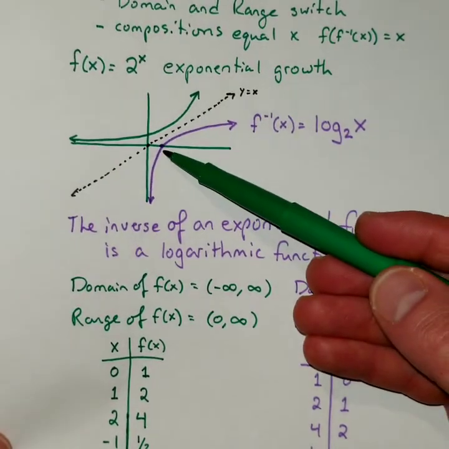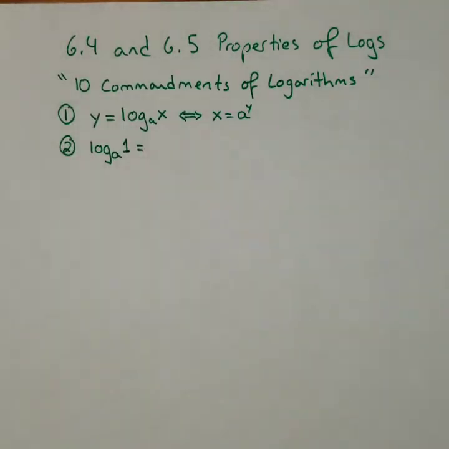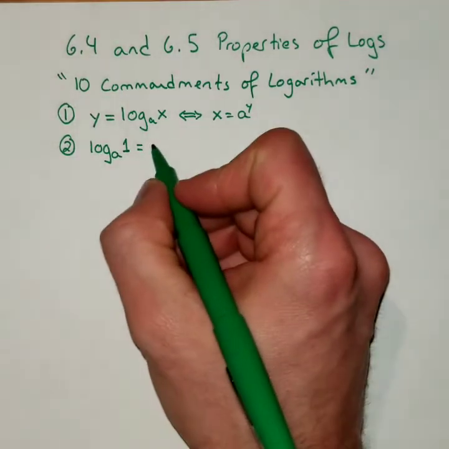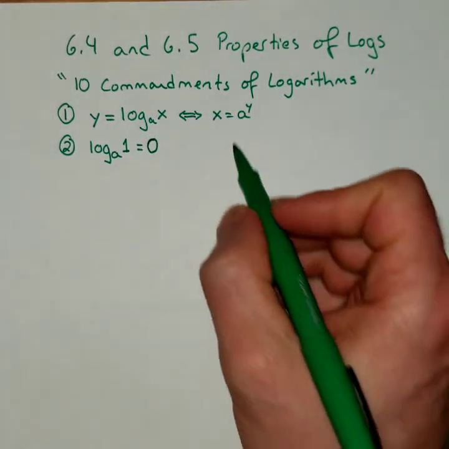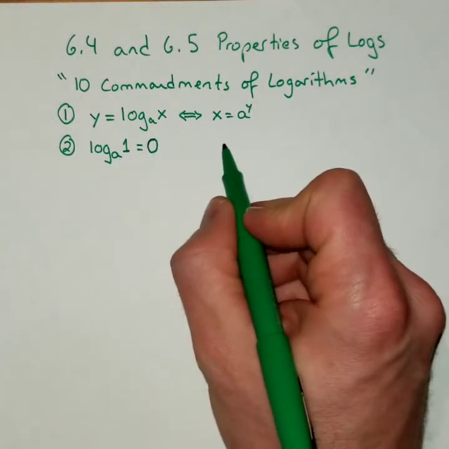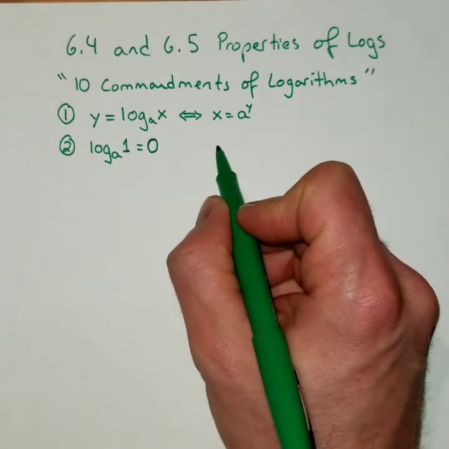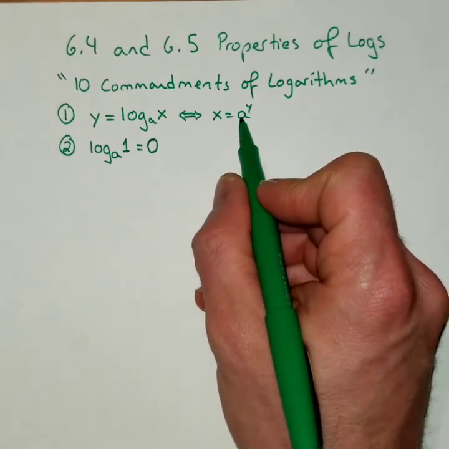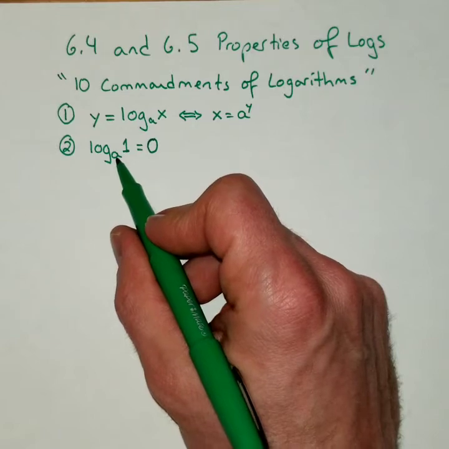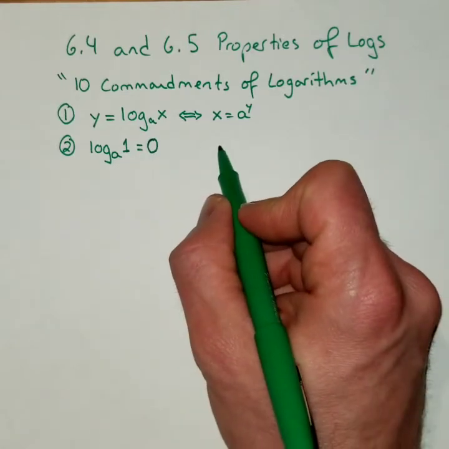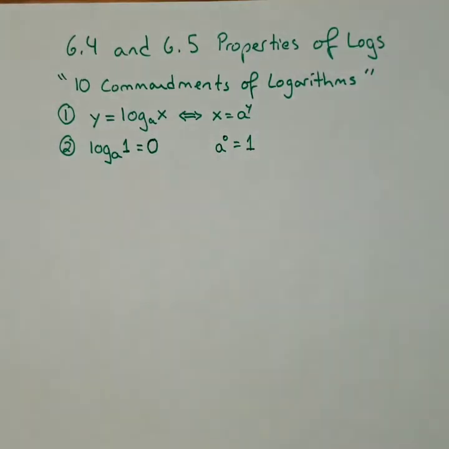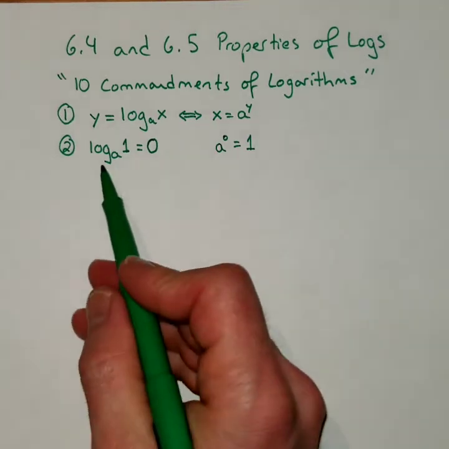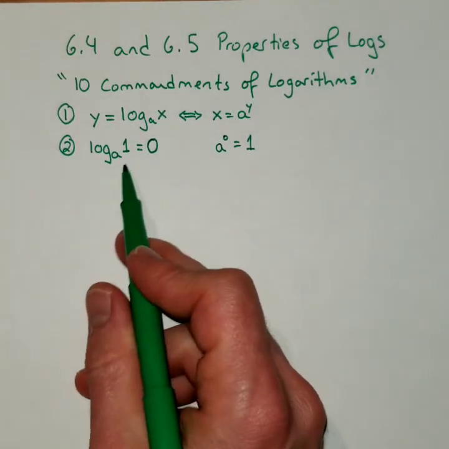It's the x-intercept of these graphs. And so it ends up being 0. Now why? Is it just because of the graph? Well, if you think about it in the other form, a to the y, well, a to the 0, any number raised to the 0 is going to equal 1. There's a zero property of exponents that says that's true, so the corresponding logarithmic property is here.